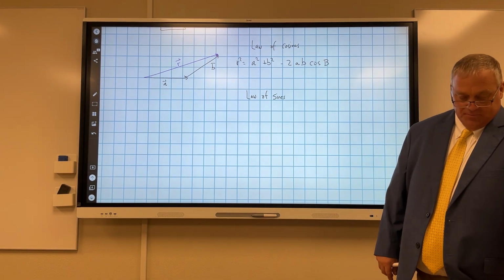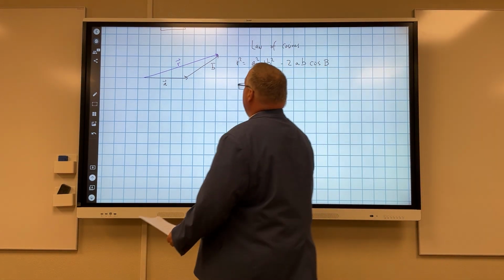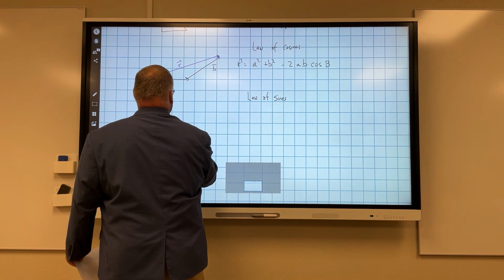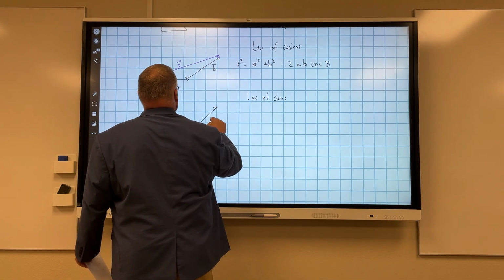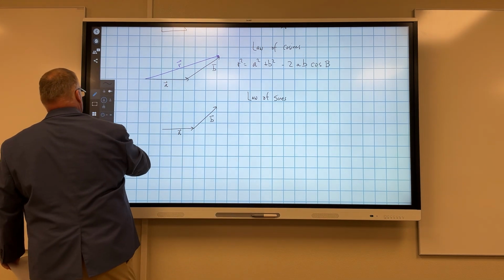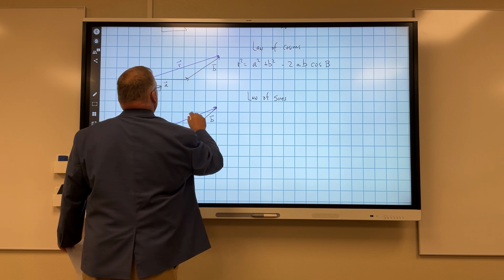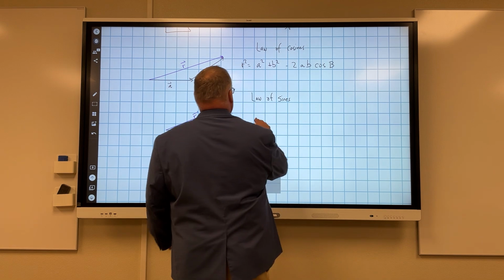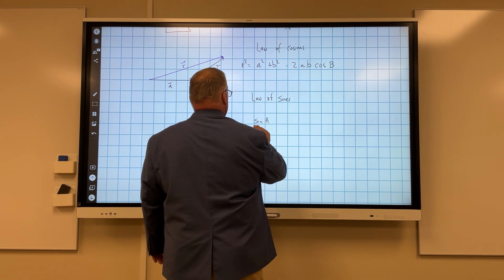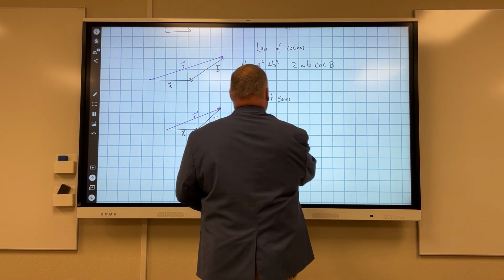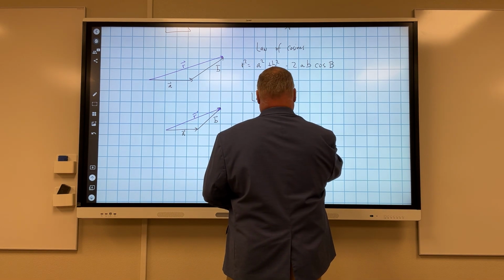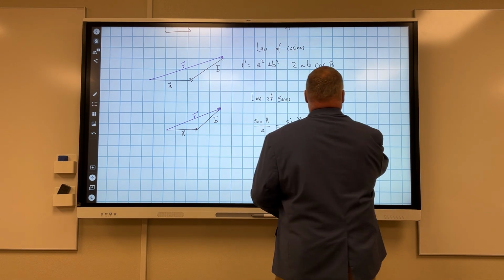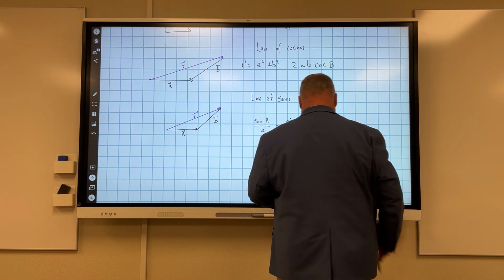So if we have the same crooked line there, A, B, R. The law of sines states that the sine of angle A over the magnitude of A is equal to the sine of angle B over the magnitude of B, which is equal to the sine of R over the magnitude of R.